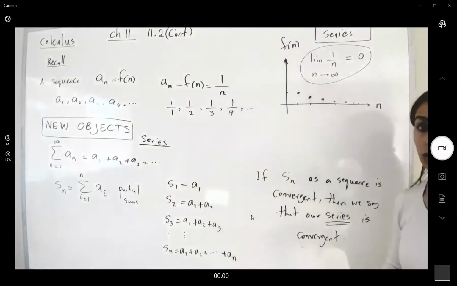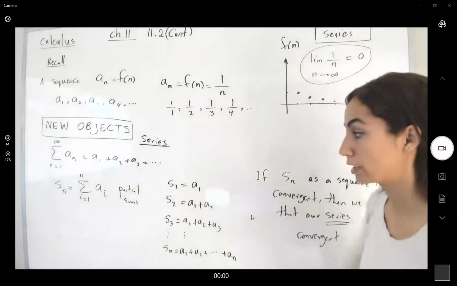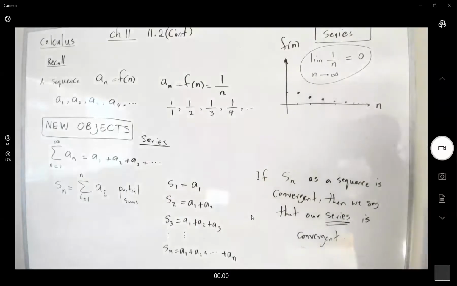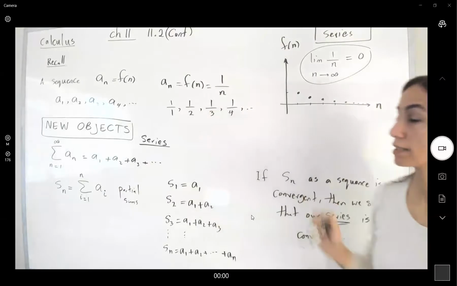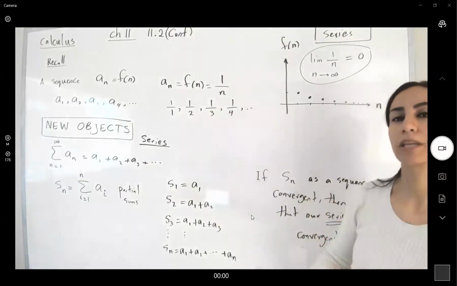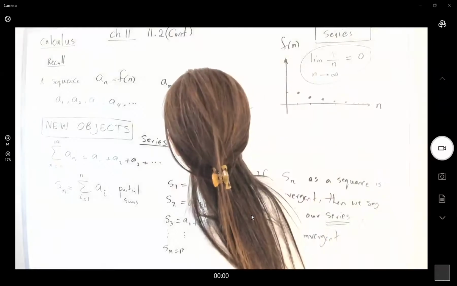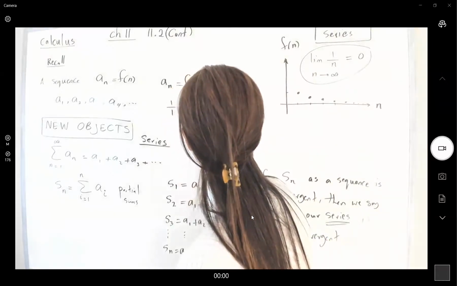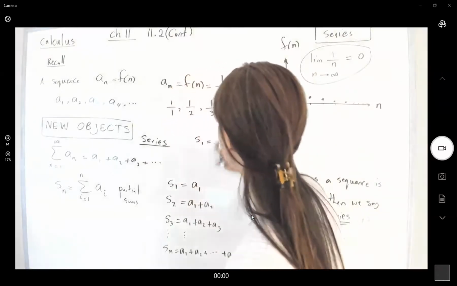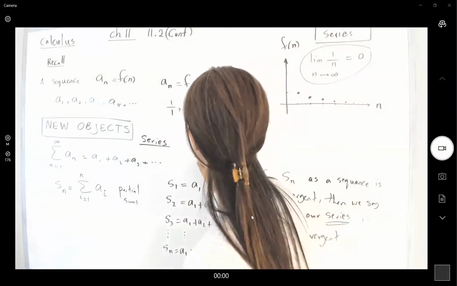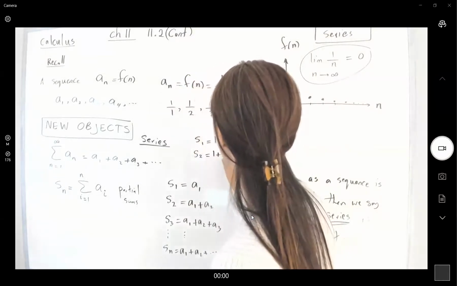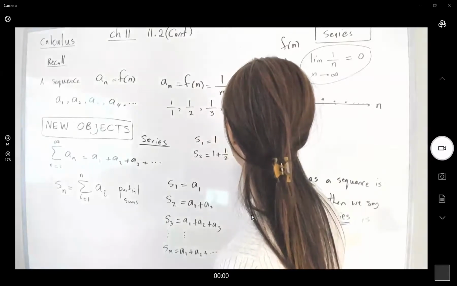Much more work to do when it comes to series. For example, let us take the elements of the previous sequence and create a series. So S sub 1 is going to be 1 over 1, just 1. S sub 2 is equal to 1 plus a half, 3 halves.